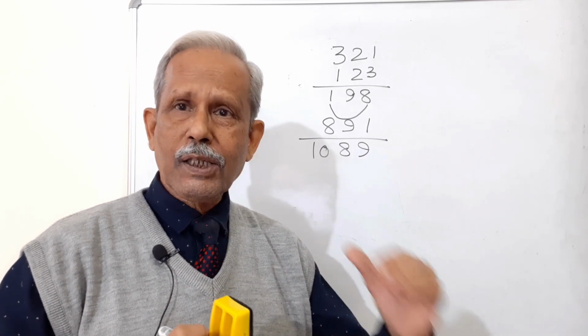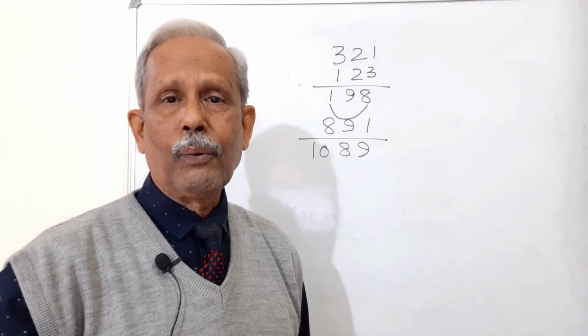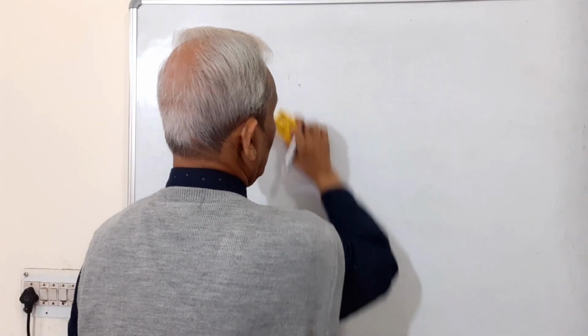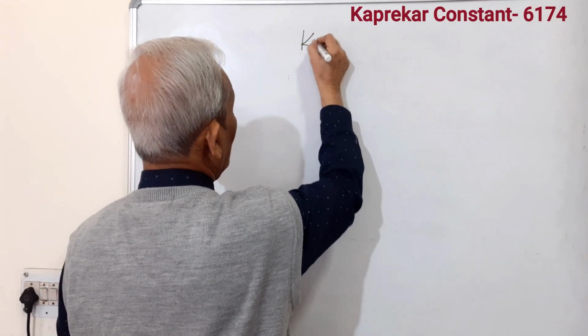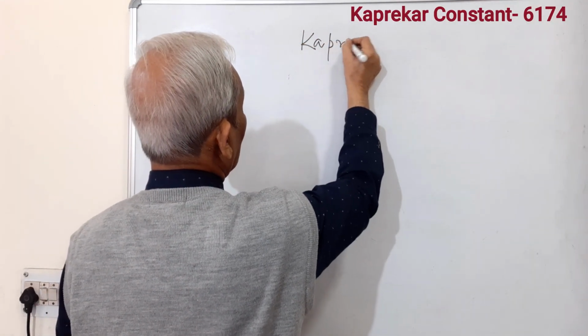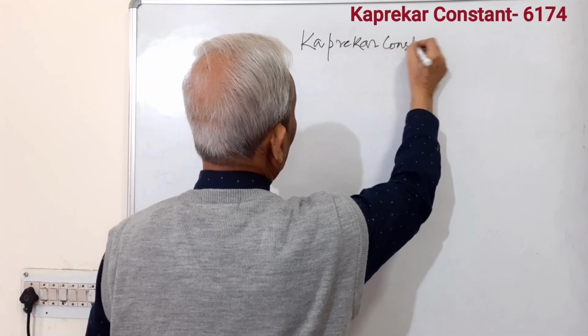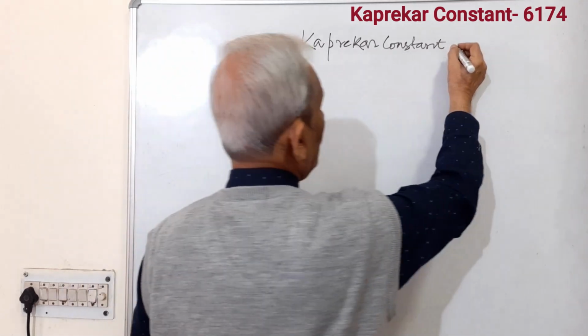Now let us go to the second truth, a discovery by an Indian mathematician, Mr. D.R. Kaprekar. The Kaprekar constant is 6174.